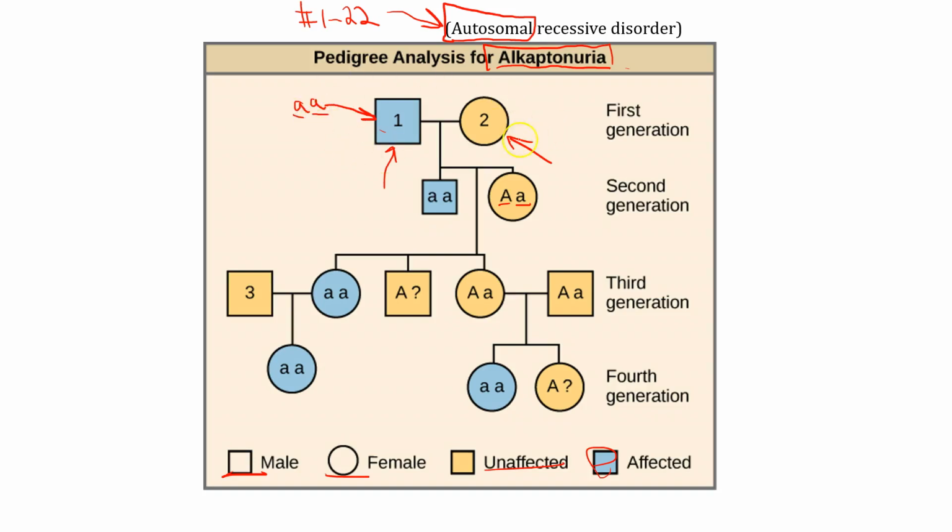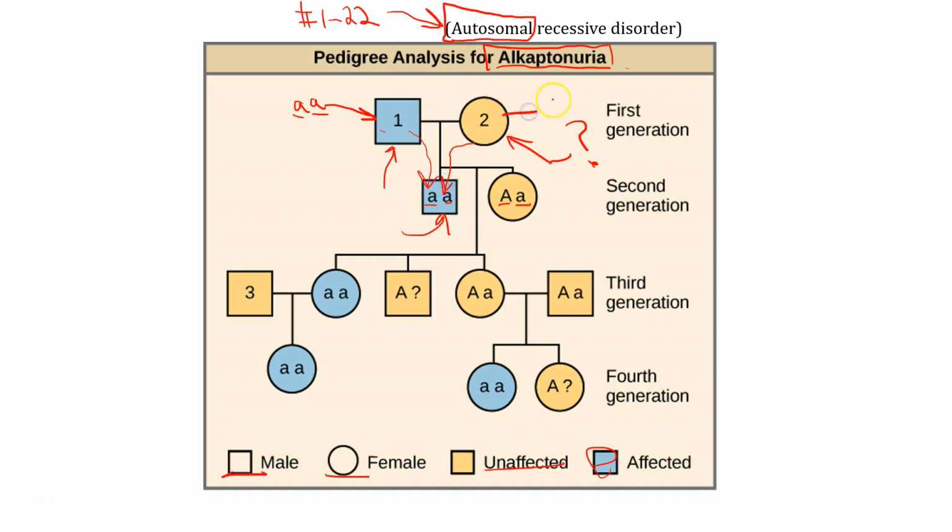Then we're wondering whether the mom of this first generation had any recessive alleles, and yes, she did, because this son had the disorder. The only way to have the disorder is to have two copies of the recessive allele, and you inherit one copy from each parent, so this person inherited one from dad, and mom must have had one to provide as well.